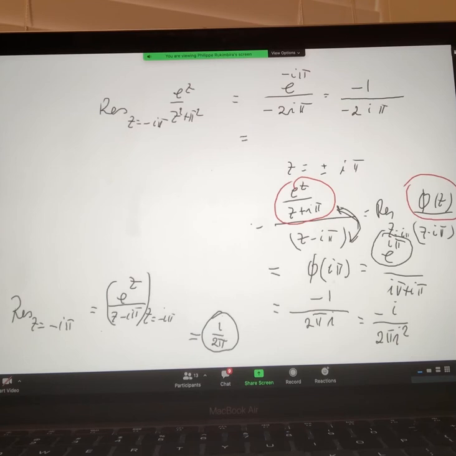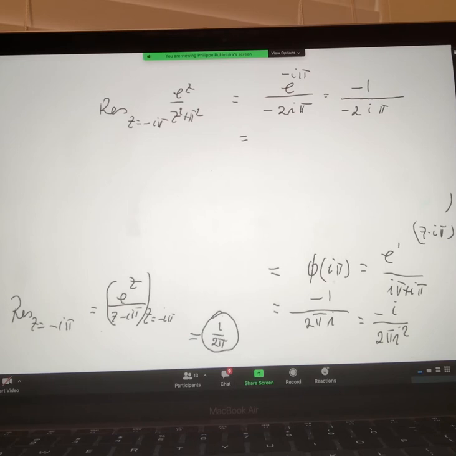Let's use the Euler formula. So you get 1 over 2 pi i, and when you put in standard form, multiplying by i, you get negative i over 2 pi.